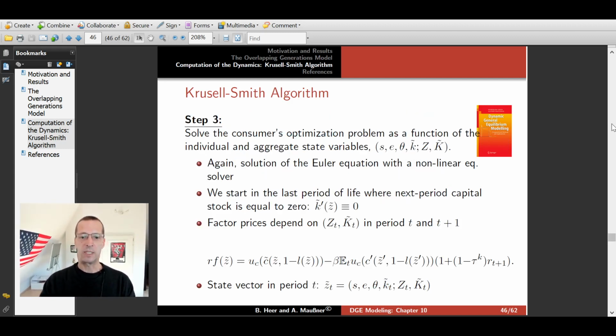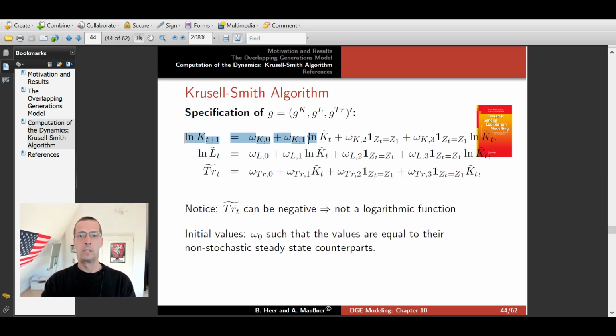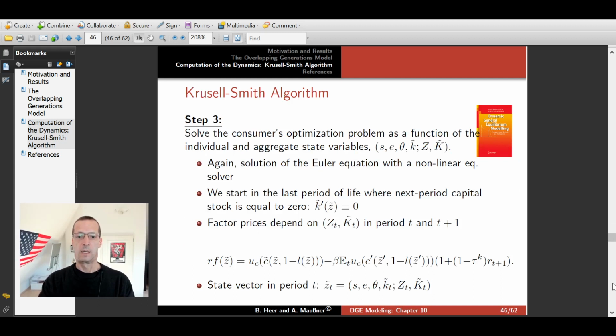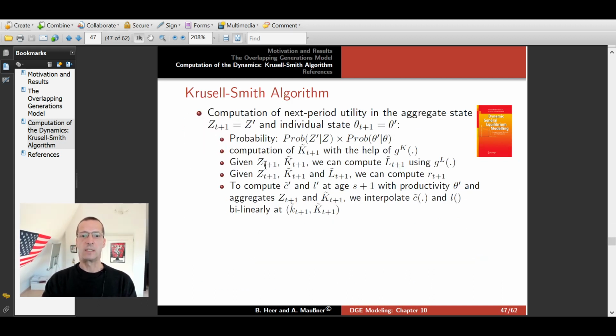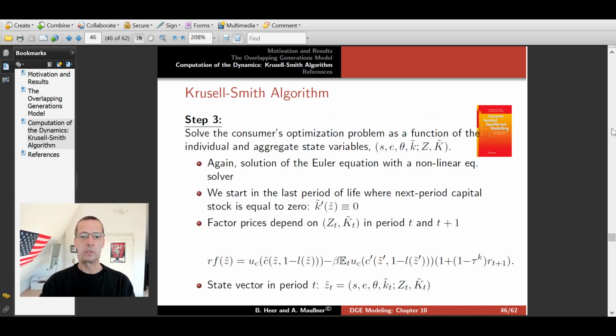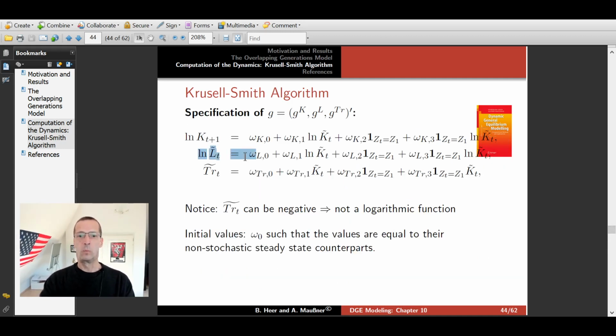So how does the household in period t compute next period interest rate, next period wage, and so on? He observes Z_t and K_t this period. So he uses the law of motion for K_t to forecast K_{t+1}. Next, he knows that given Z_{t+1} and K_{t+1}, and given that the state is Z', he weighs the marginal utility next period by this probability here. He also has Z_{t+1}, and then he can compute next period labor with the help of this equation.